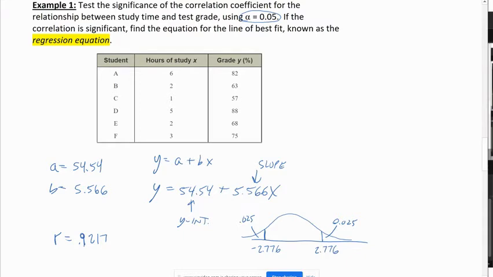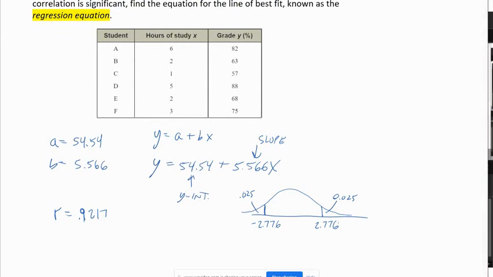If you had put in 0.975, you would get positive 2.776. But once you get one of them, you know the other one is just the opposite. Okay, so this is our critical area. If it's in here, then we're going to reject the null hypothesis.